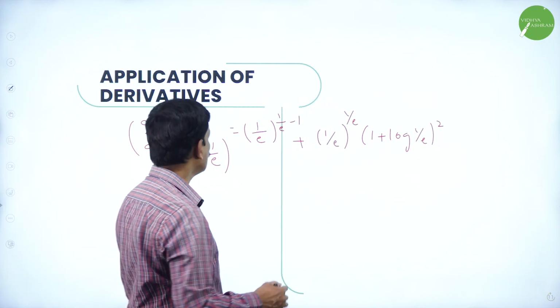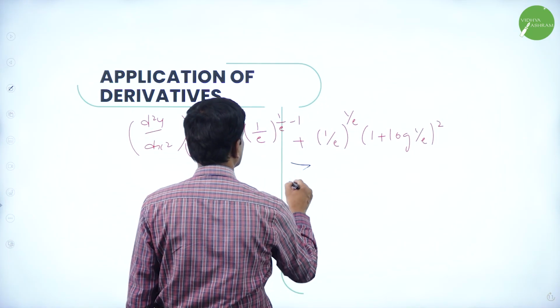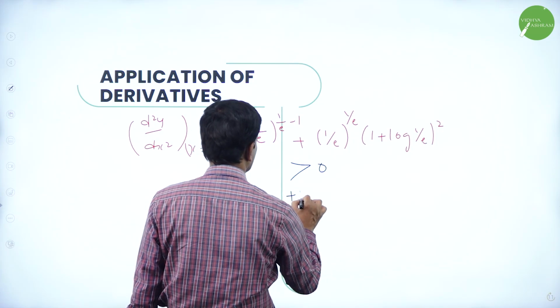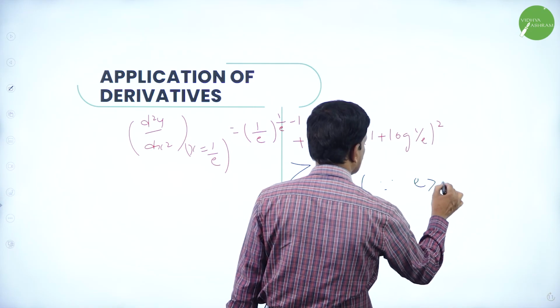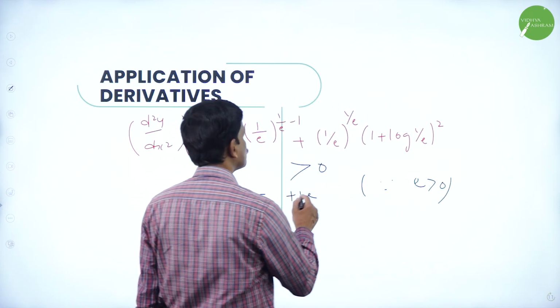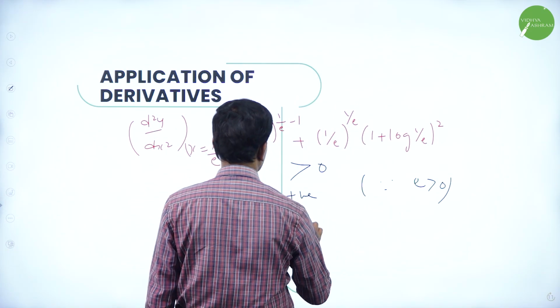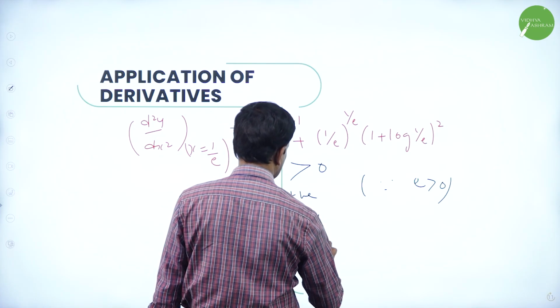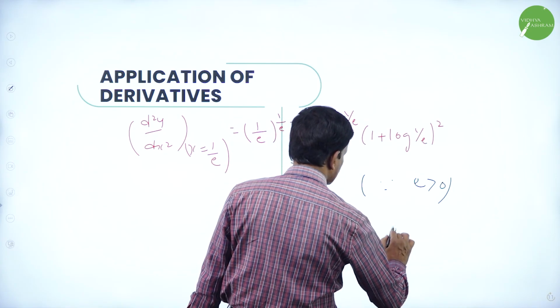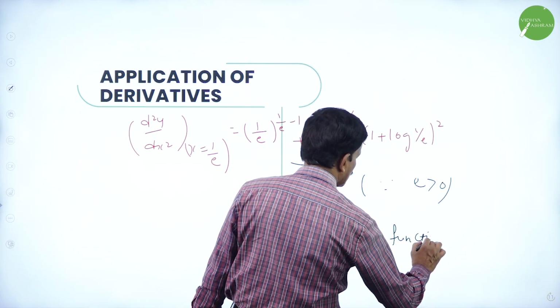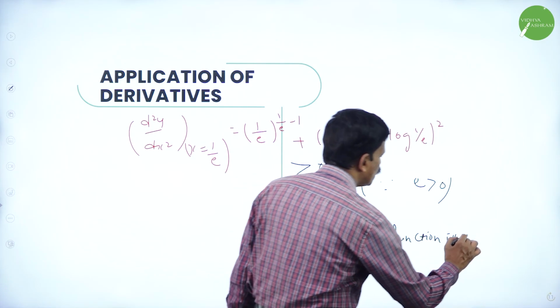If you observe carefully, this is greater than 0. That means this is positive because e is greater than 0. So positive. Therefore, if d square y by dx square is positive, the function is minimum.